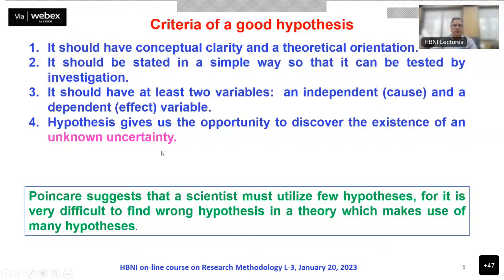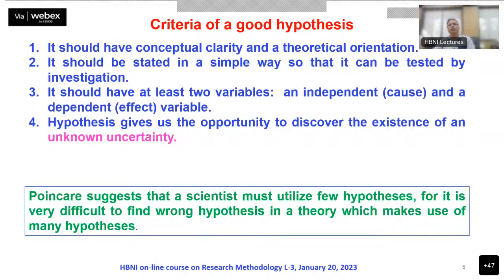So the hypothesis gives us the opportunity to discover the existence of an unknown uncertainty. This unknown uncertainty is a phenomenon that can happen in any research. It is important to understand that you cannot predict the outcome of a research.